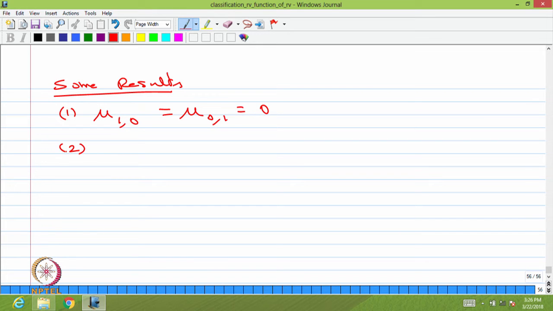Second result, suppose you put the value i is equal to 2 and j is equal to 0, that is nothing but expectation of x minus expectation of x the whole power 2. And this is nothing but the variance of the random variable x.